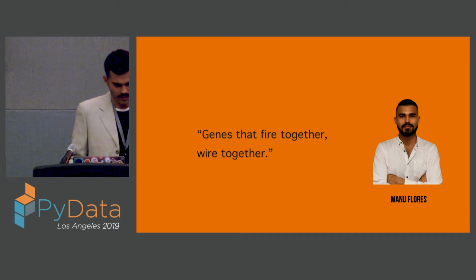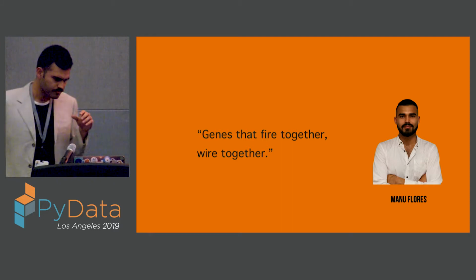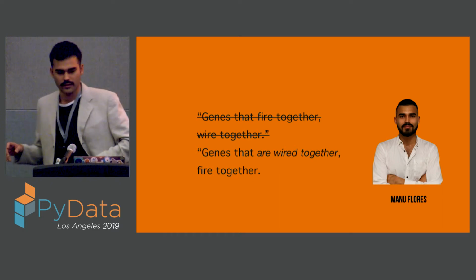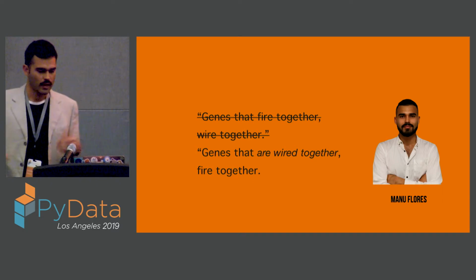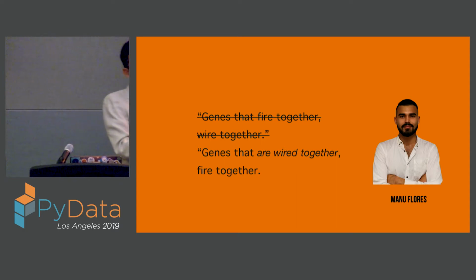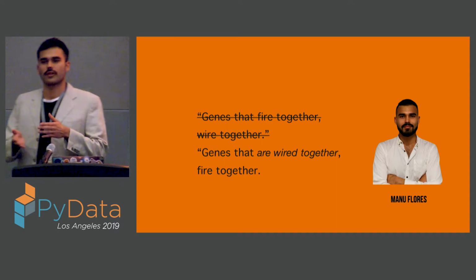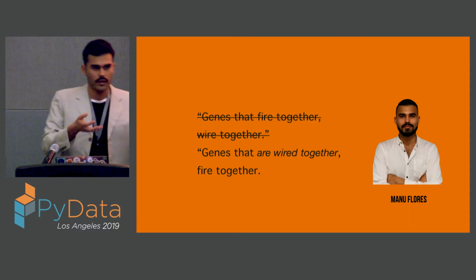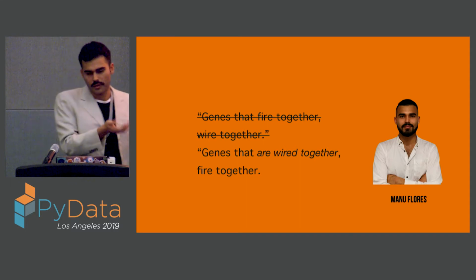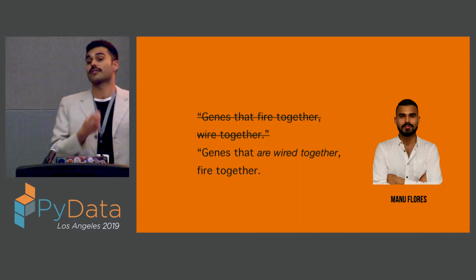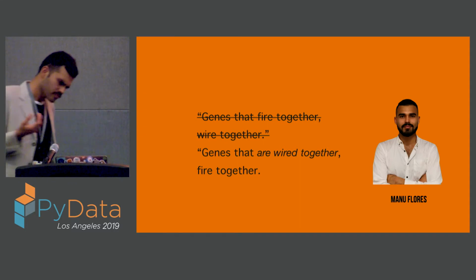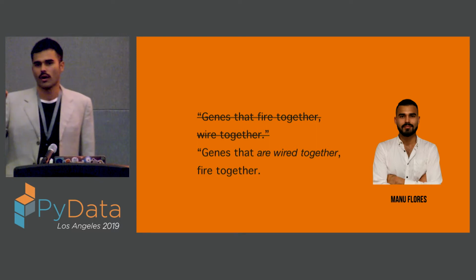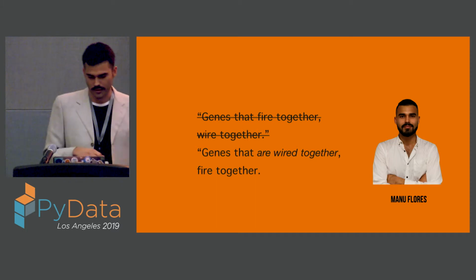This idea is actually not that new, in the sense that it has been widely known that genes that are wired together most likely fire together. For example, if two genes are correlated in their amounts in a given cell, they're most likely part of the same process, right? And this idea will be the core of what we will do during the tutorial.